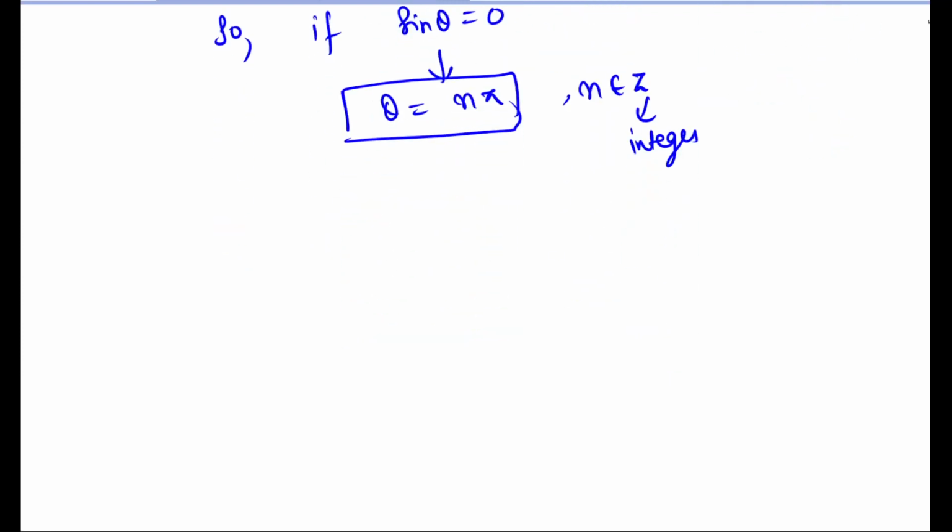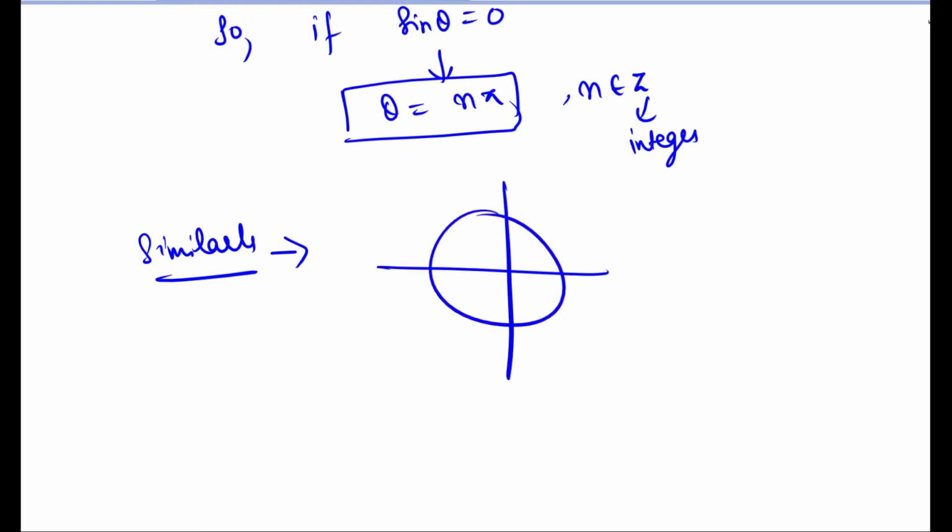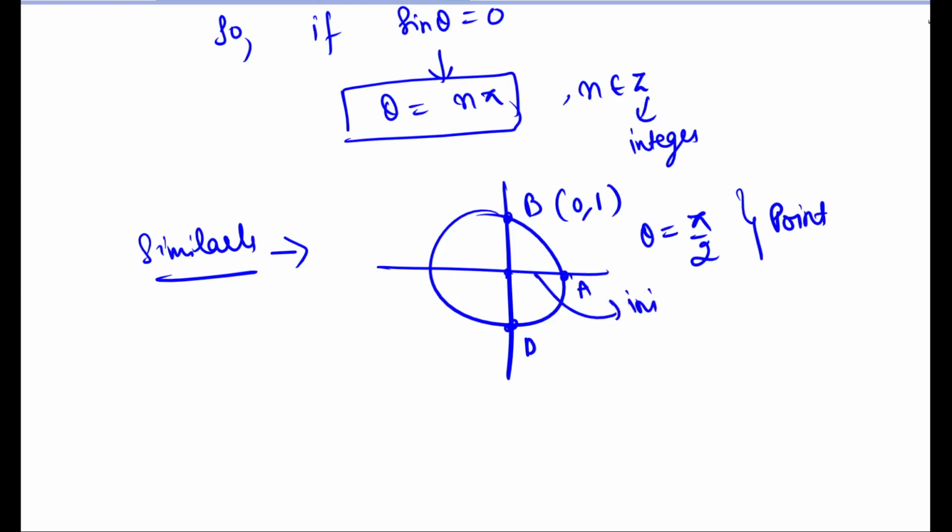Similarly, we can also find the value of theta at which the cosine function is 0. From the diagram, we can see point B and point D. So at theta equal to pi by 2, that is point B, where A is the initial side.